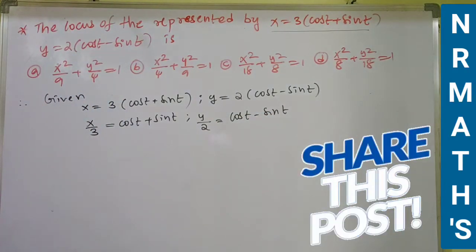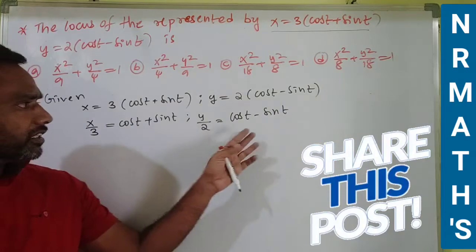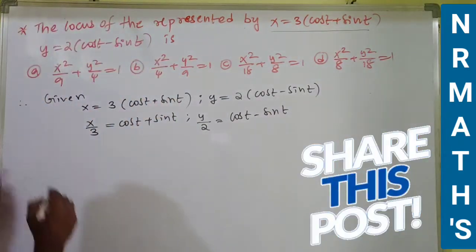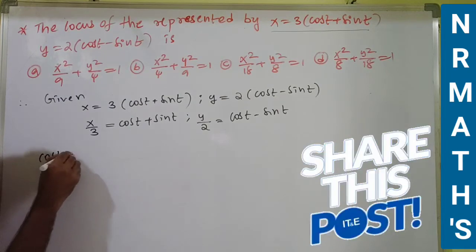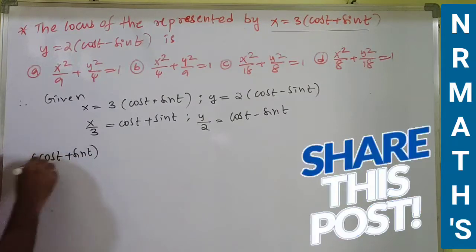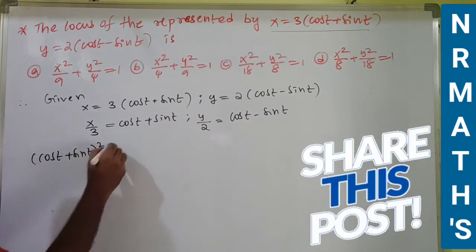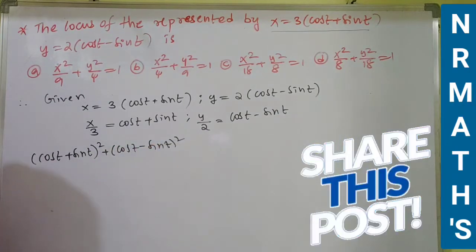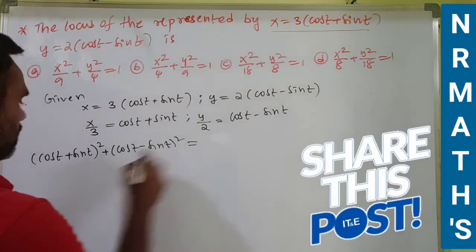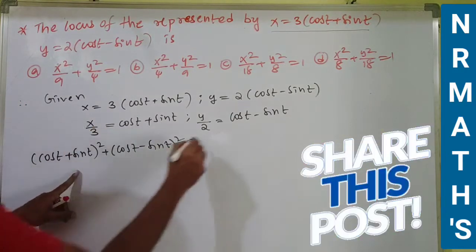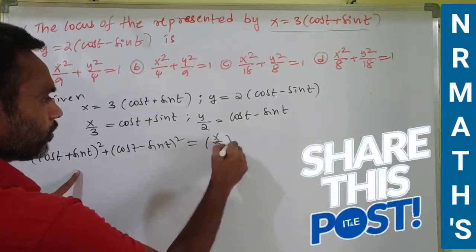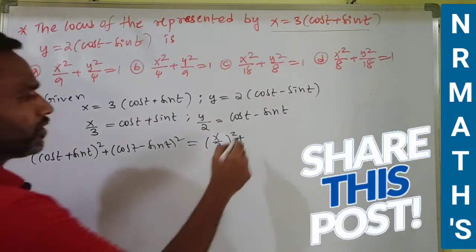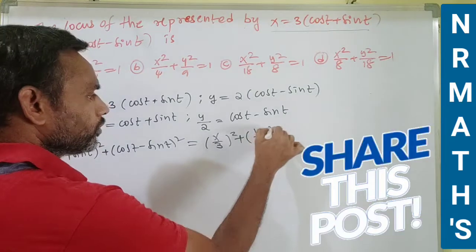Now take cos t plus sin t and cos t minus sin t, square both sides and add. That means (cos t plus sin t) whole square plus (cos t minus sin t) whole square, which is (x by 3) whole square plus (y by 2) whole square.